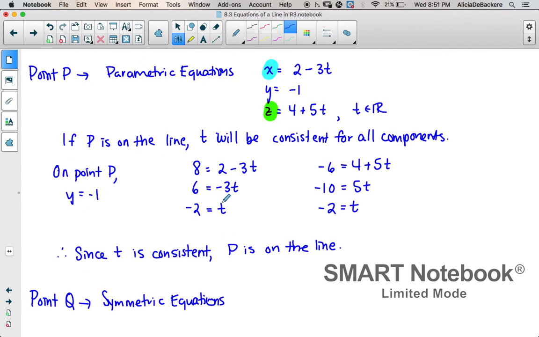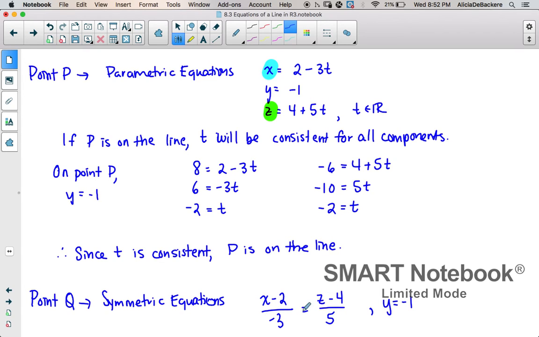So I'm going to just rearrange this for t, and I get x minus 2 divided by -3. I notice that the y equation does not have a t, so it's going to tag on to the end here. And then I'm rearranging the z equation to solve for t, so subtracting out the 4, and then I'll divide out the multiplier of 5.